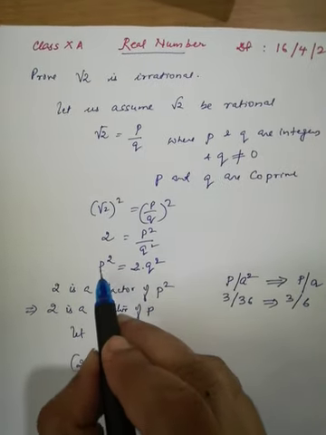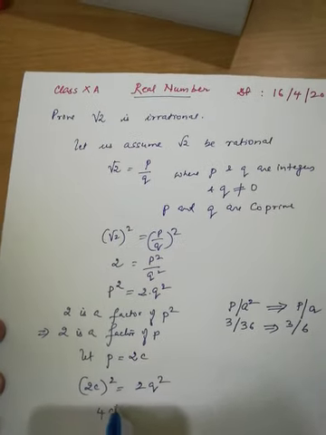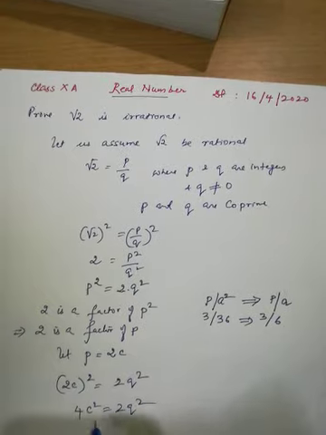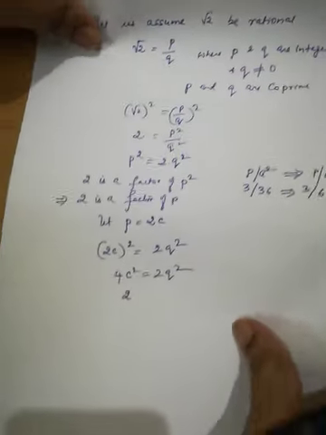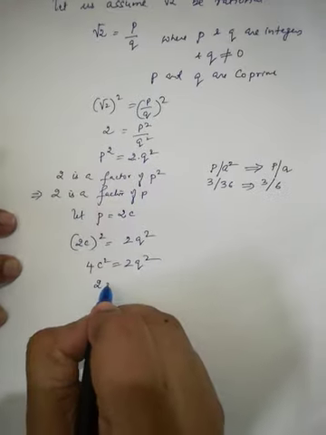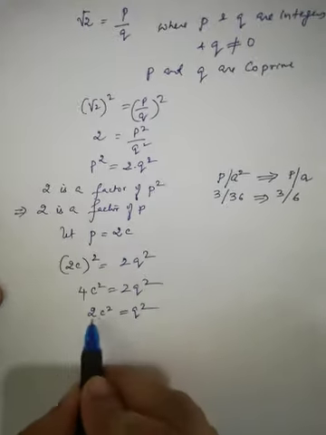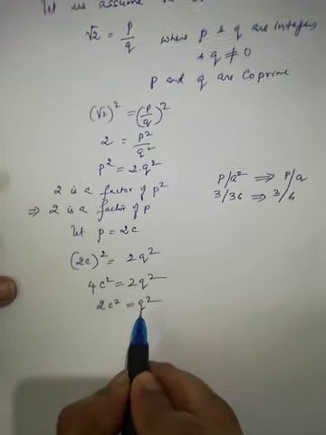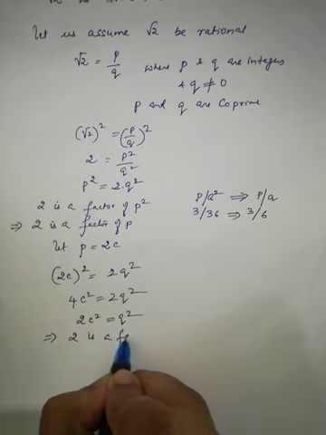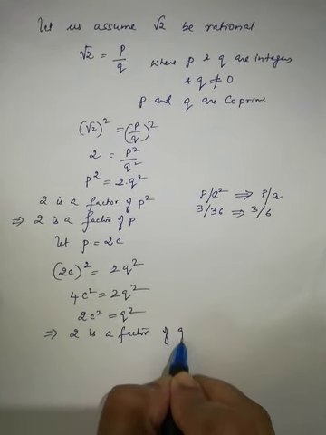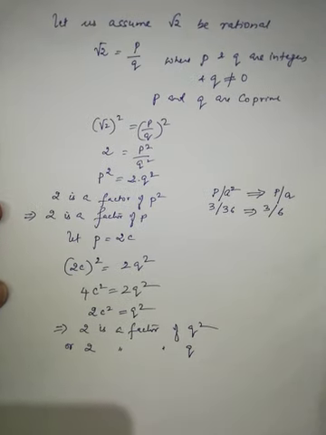Here we are substituting 2C in place of P. We get 2Q square equals 4C square, 2 and 4 cancel, and you get 2C square is equal to Q square. This implies that 2 is a factor of Q square, right? This implies 2 is a factor of Q square, or 2 is a factor of Q.